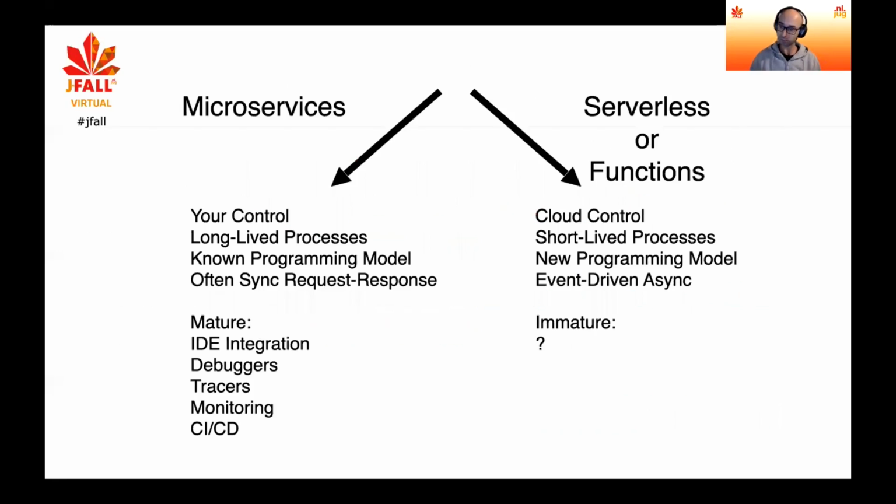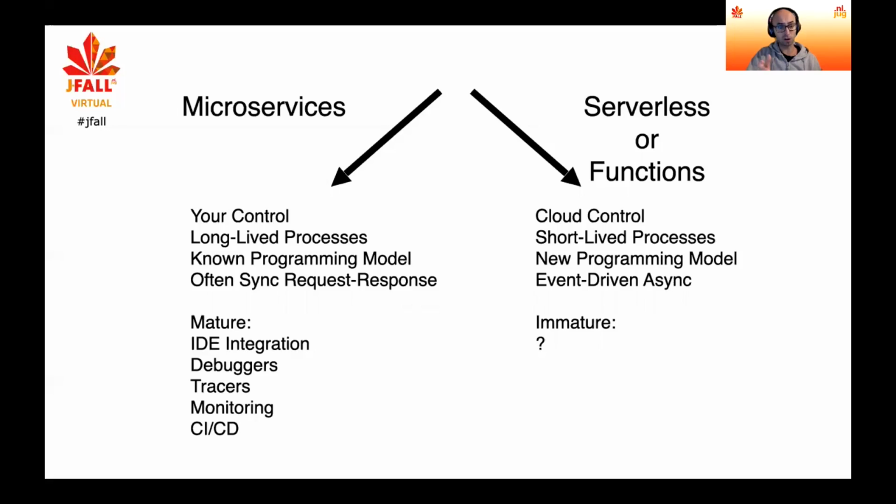Some people ask me, okay, and when should I use microservices or serverless or functions? Well, usually people are doing a mix of both of them, right? So usually they have an architecture where they have some microservices and some serverless or functions. But overall, if you have some questions to decide what is best, microservices or serverless or functions to fit my problem, then it depends, right?